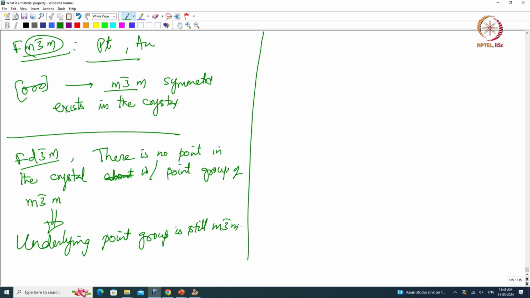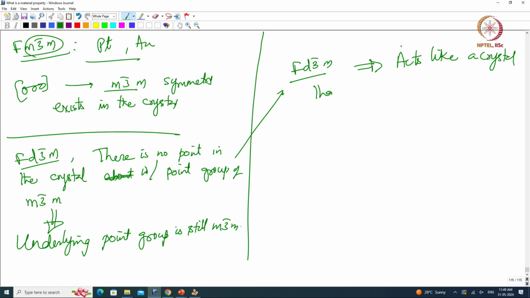But you cannot find a physical point about which the symmetry is M 3 bar m. Now, it turns out that FD 3 bar m, even though it does not have a point about which the point group is M 3 bar m, acts, property wise, like a crystal that has a point with point group M 3 bar m.